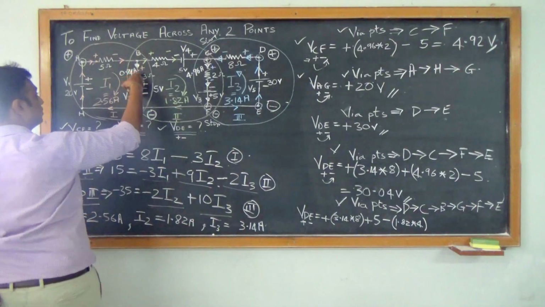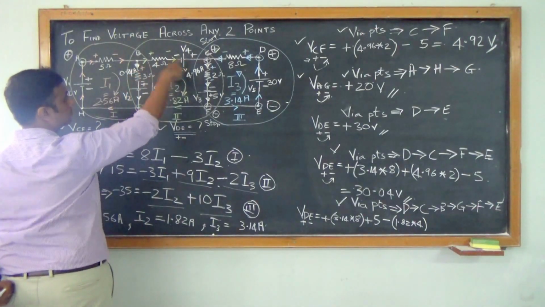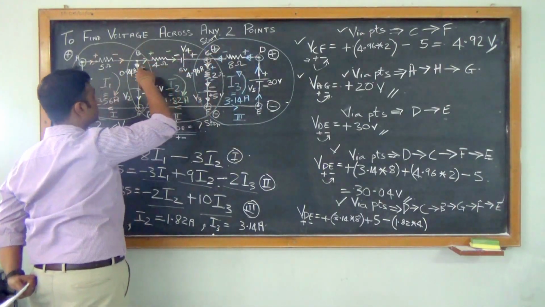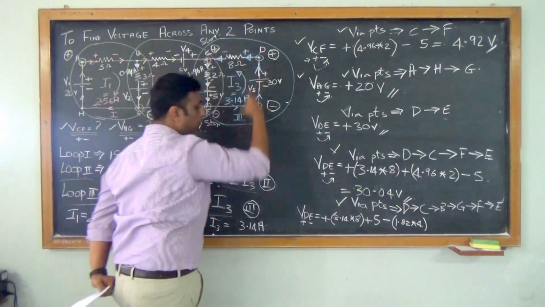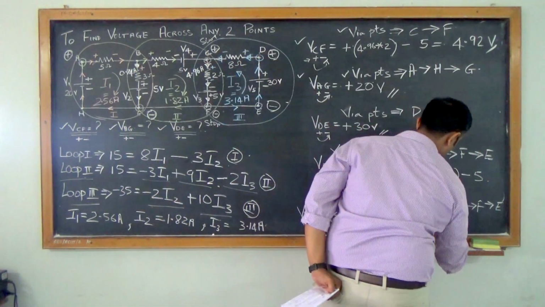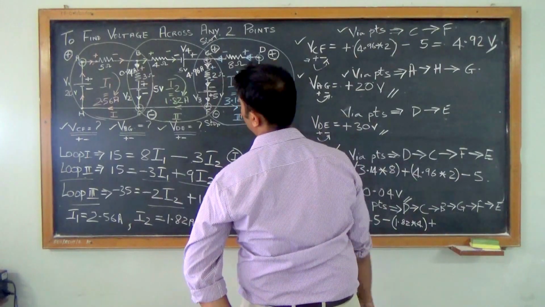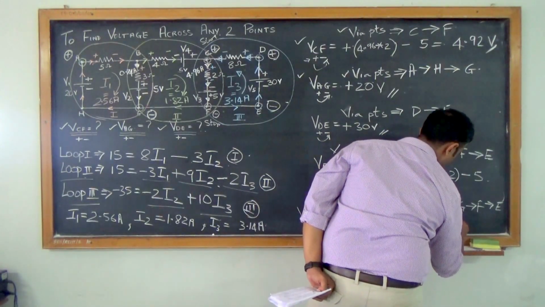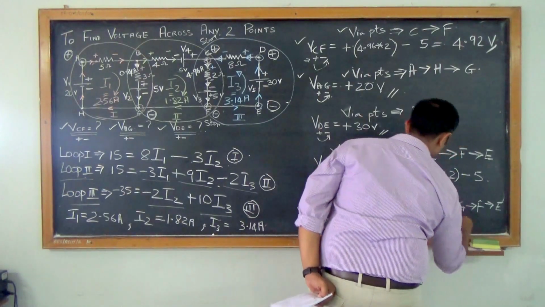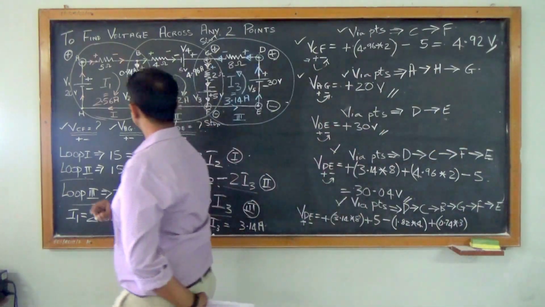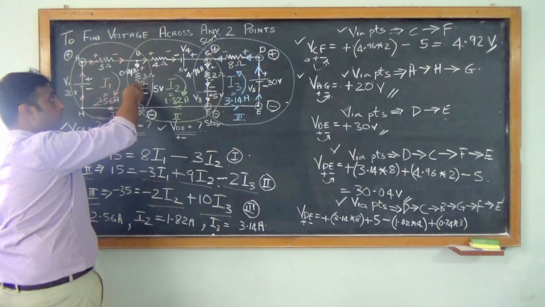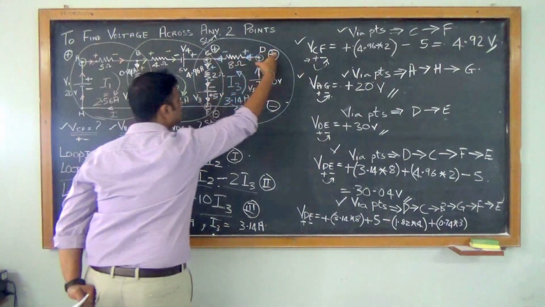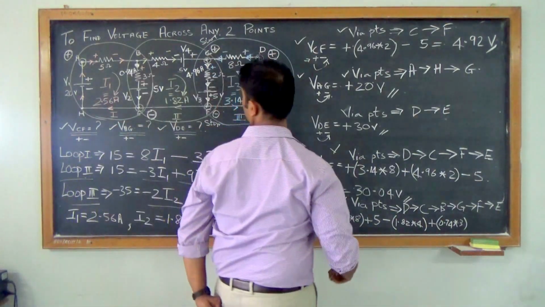Then what is the first terminal of this 3 ohm resistor? Positive. Since I am coming from this side, this is positive. Positive into positive, positive. So 0.74 into 3. Then again, the first terminal is what? Positive. Positive into positive, positive.